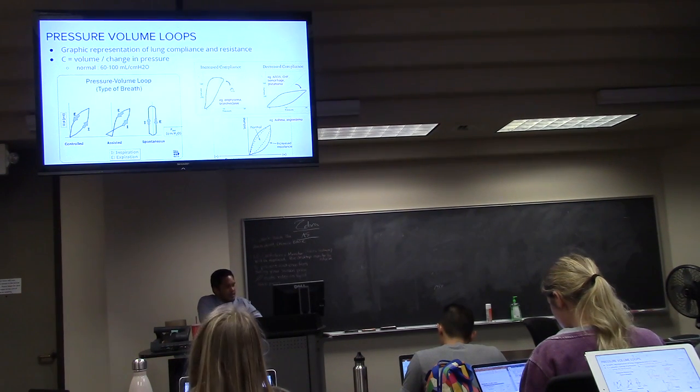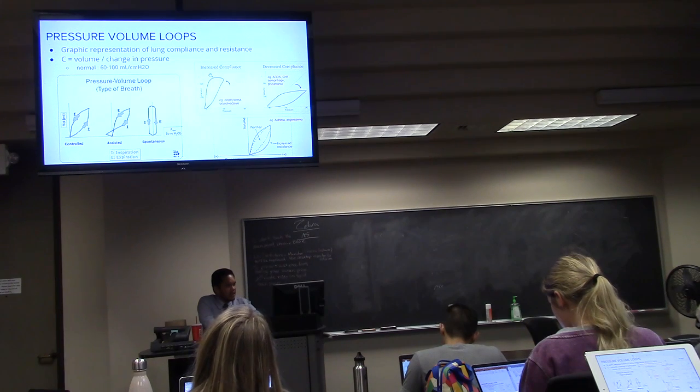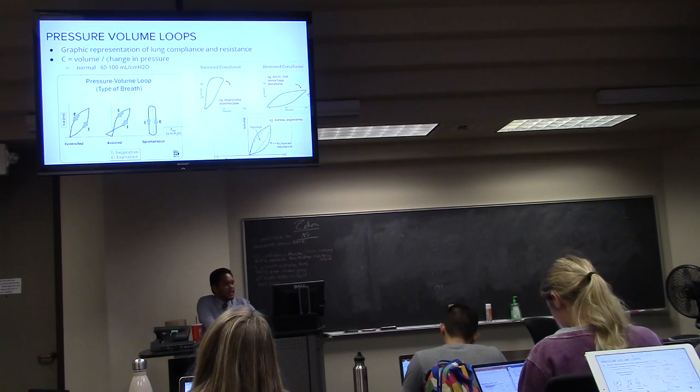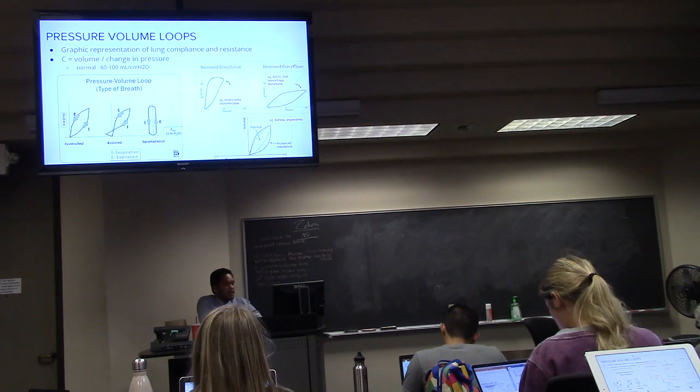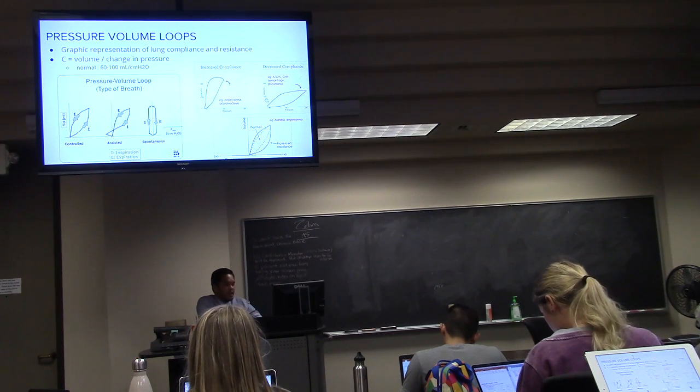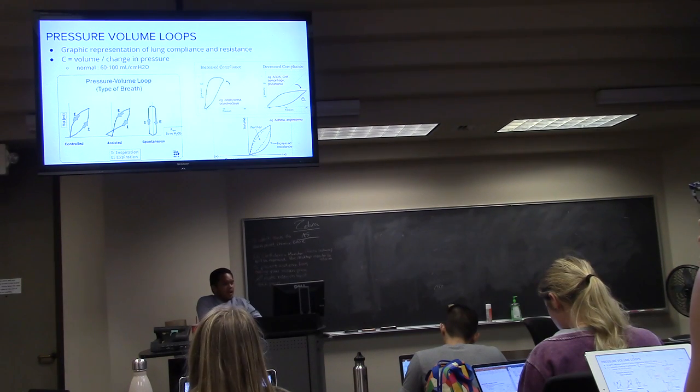So it'll cause the compliance curve on the pressure volume loop to go to the left. And in patients with decreased compliance, say in pulmonary edema or ARDS or CHF or pneumonia, their lungs are not very distendable, and it can cause the pressure to ramp up very rapidly whenever you're introducing volume. So this can cause the compliance curve to go down to the right.